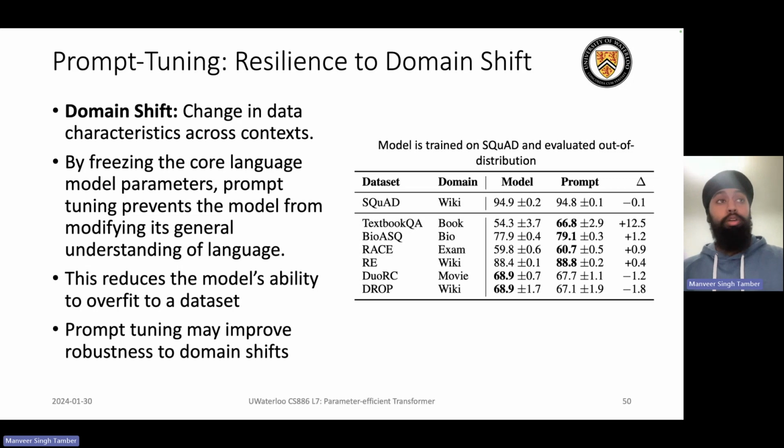And so the final part of this paper that I'll look at is resilience to domain shift. And domain shift is a change in data characteristics across contexts. Perhaps you train in one context and then you try to evaluate the model in another context. In this example, the model is trained on the Stanford question answering dataset, and it's evaluated on these other datasets, so out of distribution, right?